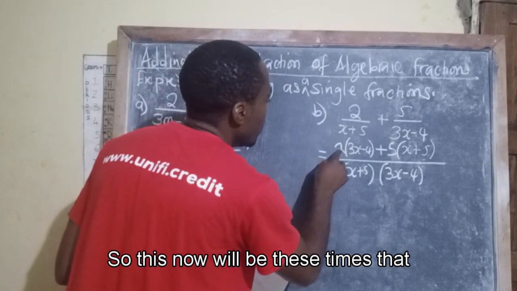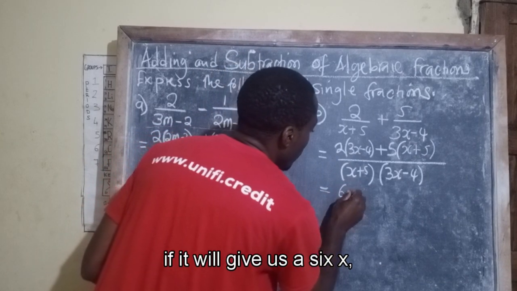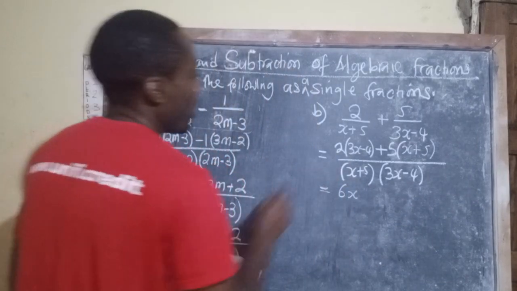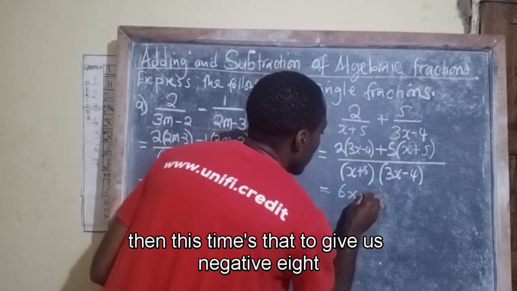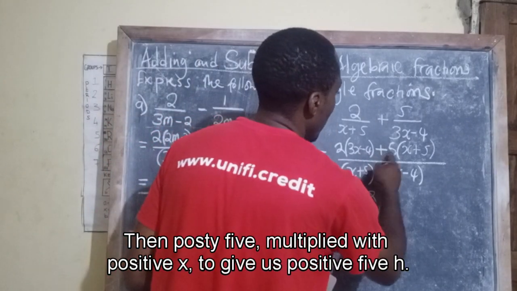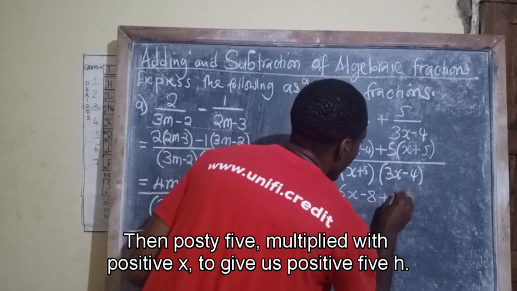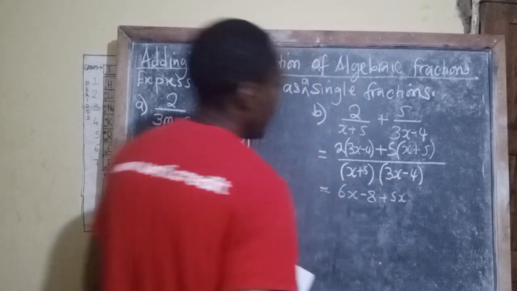So this now will be this times that, which will give us 6x. Then this times that to give us negative 8. Okay. Then positive 5 multiplied with positive x, it will give us positive 5x. Okay.